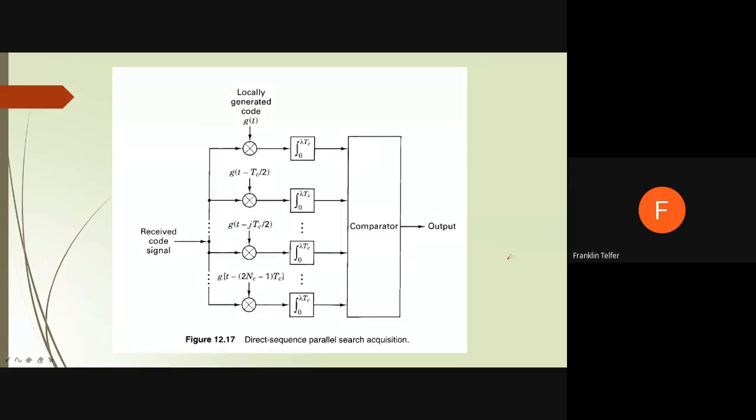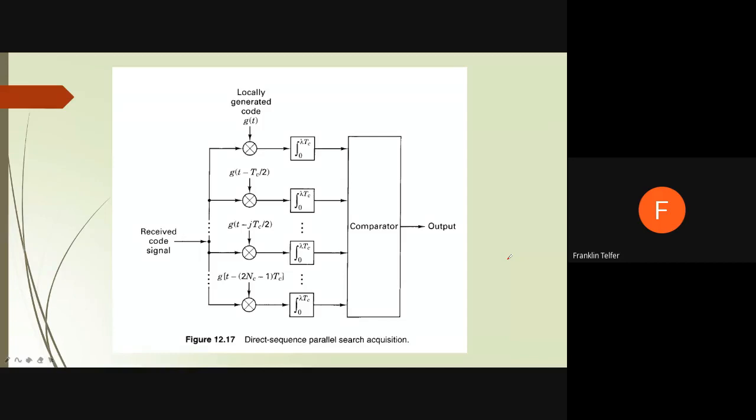In the circuit you have minus j Tc by 2, which is a delay element of one half chip. We are taking Tc as one chip, the chip duration, so you take half of it.